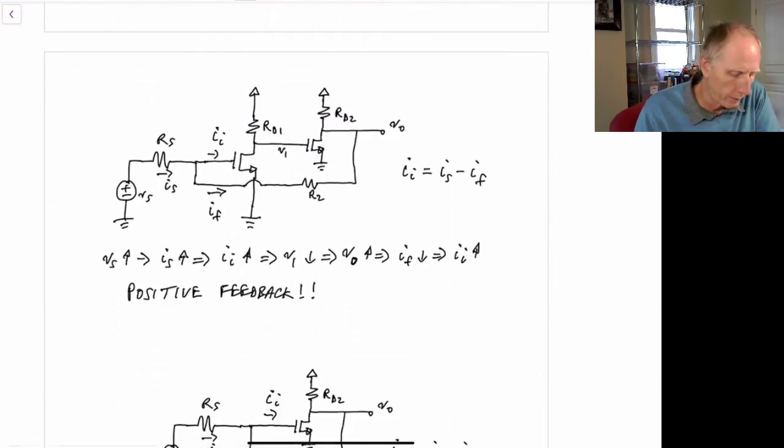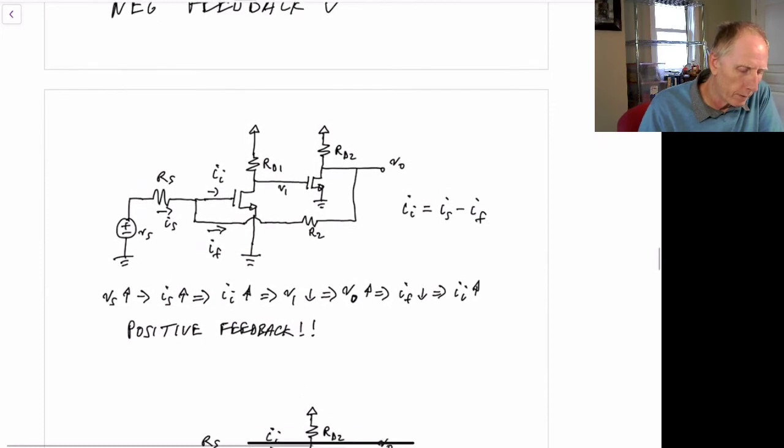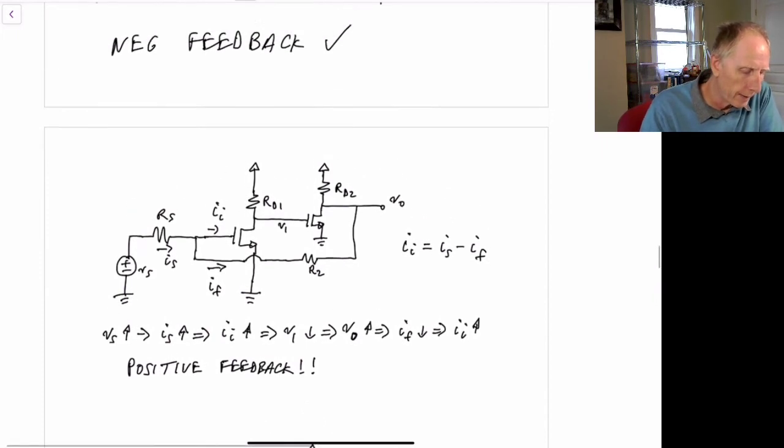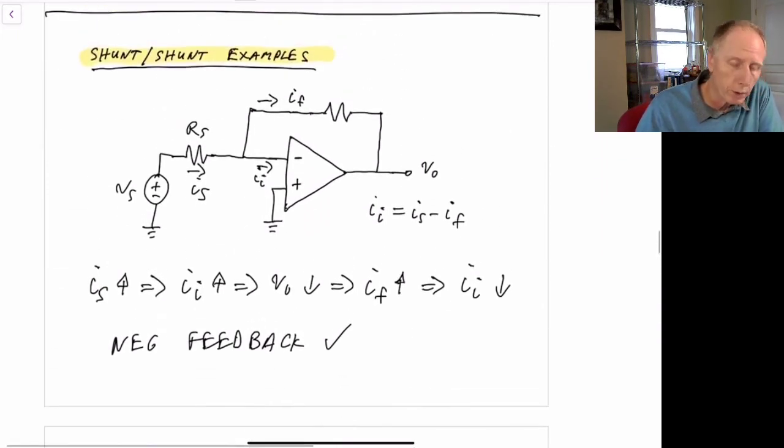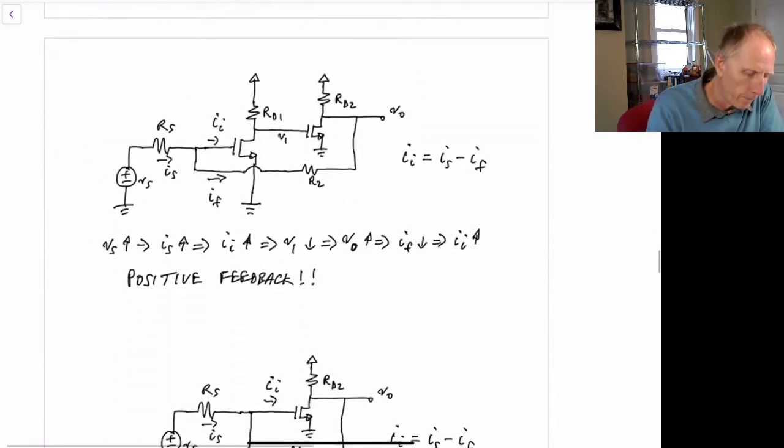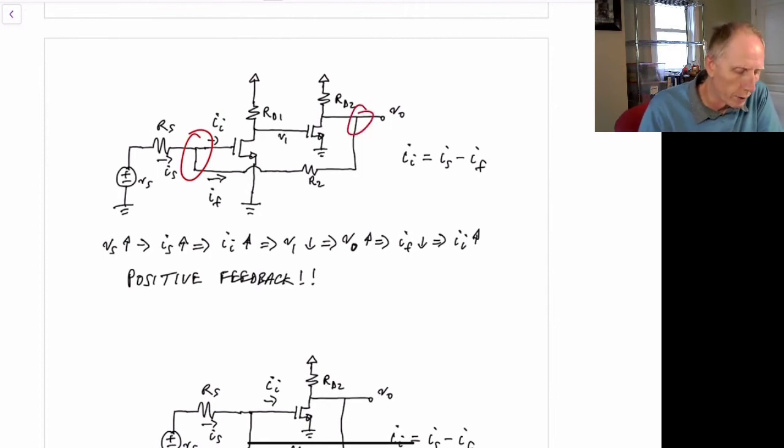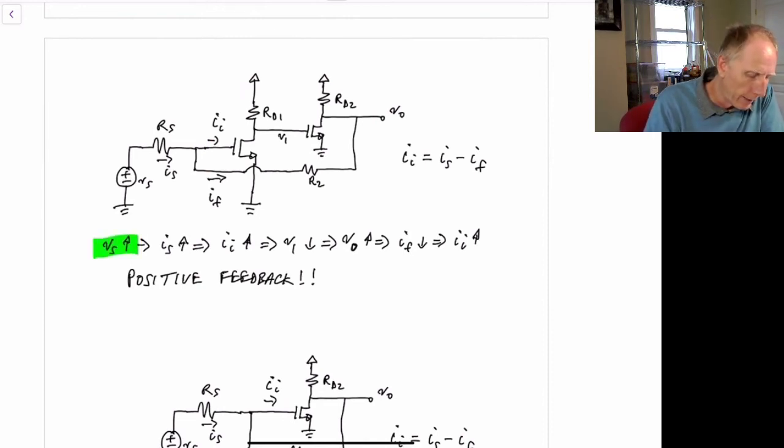It's a transistor level circuit that is now also shunt. So we can see that shunt over here, and we're sampling the output over here, which is also shunt. If we go around this circuit and look for the feedback, we'll see that V sub s going up creates I sub s going up, so this goes up.